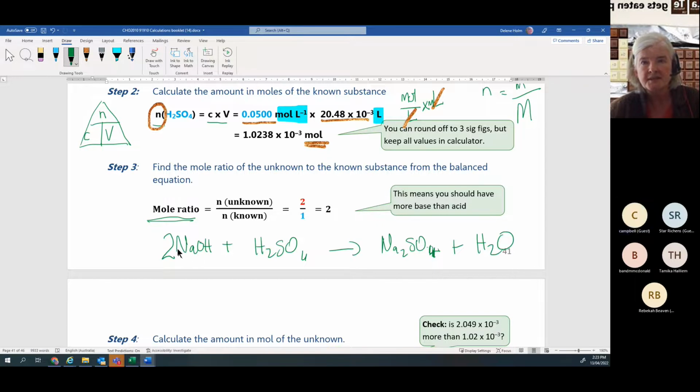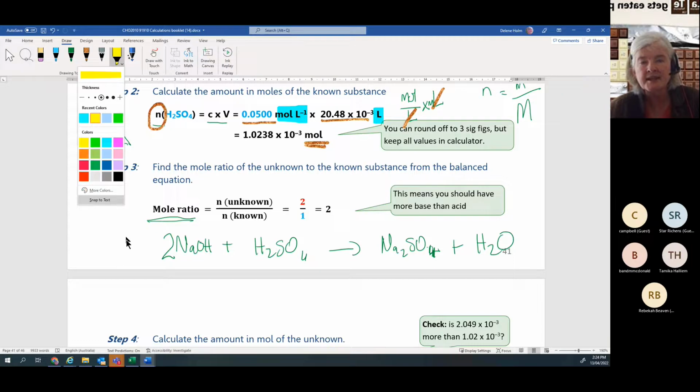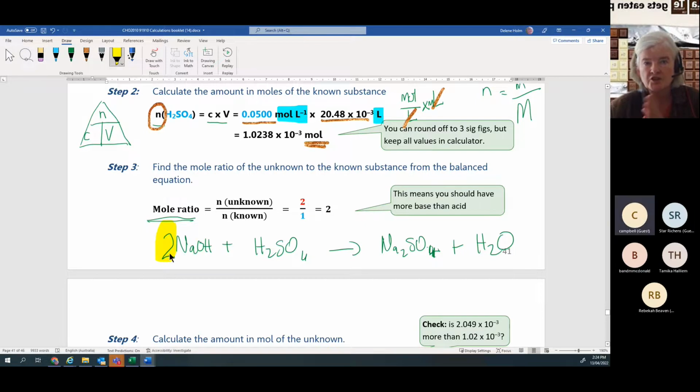Hopefully you can see that. You will be given a balanced equation. So what you need to do is look at the numbers in front of the substances you're comparing. So I am looking at sodium hydroxide and sulfuric acid. So I have a 2 in front of the sodium hydroxide. And what is my number in front of sulfuric acid?